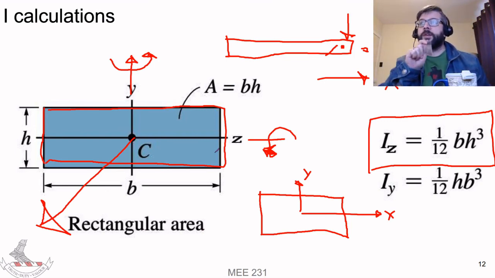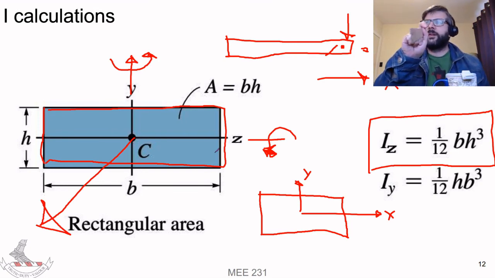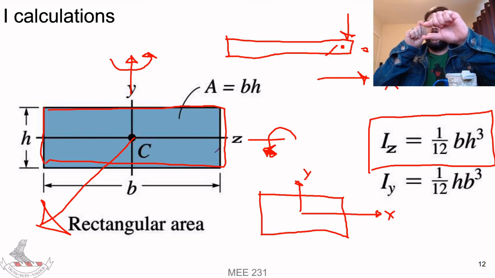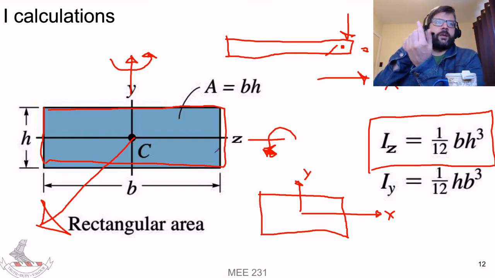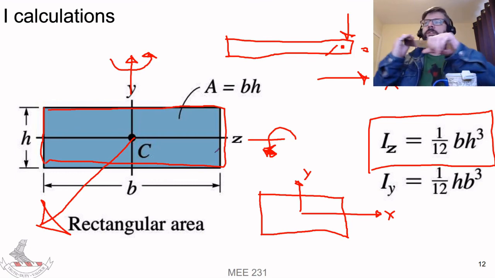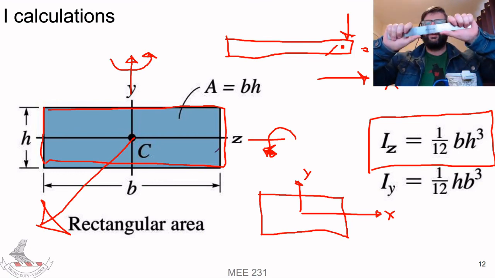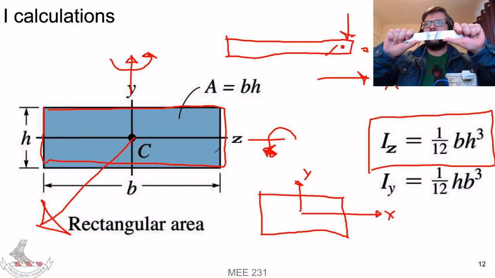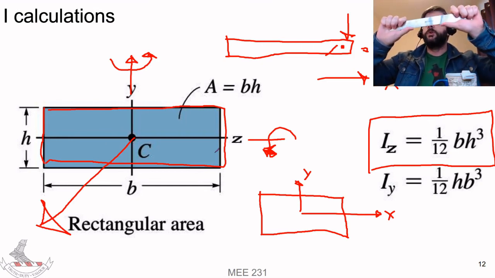If I rotate it so it's like this, then suddenly our height is fairly big, and our base is relatively small. And when I try to rotate it about this axis, I can't. I can barely move it.